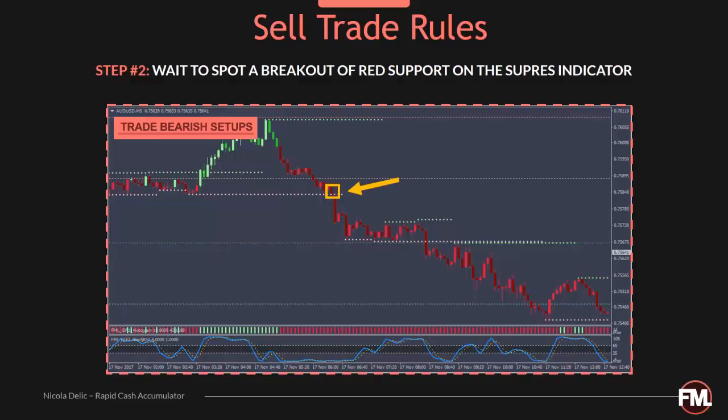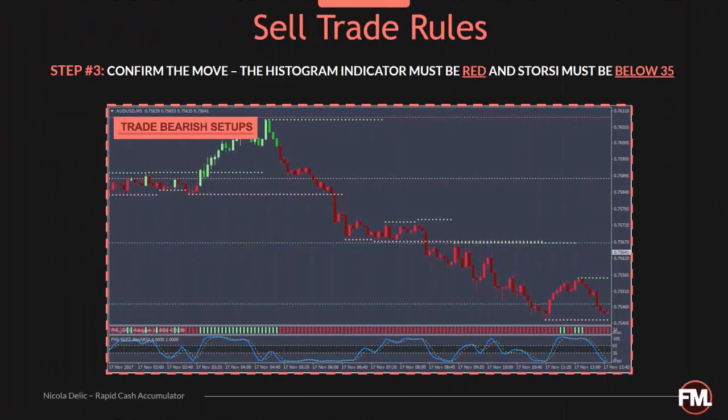Again, we need to confirm everything, and that's why we have that step 3, confirm the move. The histogram indicator in this case must be red, and stochastic RSI must be below 35. So just the opposite of the things we had for the buy trade. So here we can see that the first indicator is red, and the stochastic RSI is below 35. So below this lower level.